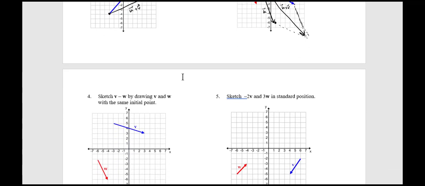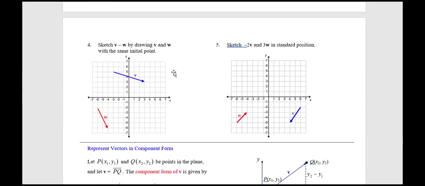Let's just leave this. Let's sketch v minus w by drawing v and w with the same initial point. So I'll draw w with the same initial point as v, just to draw in a convenient place. So starting from here, I need to go 4 down and 2 over.